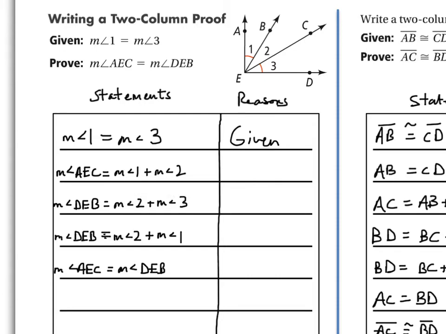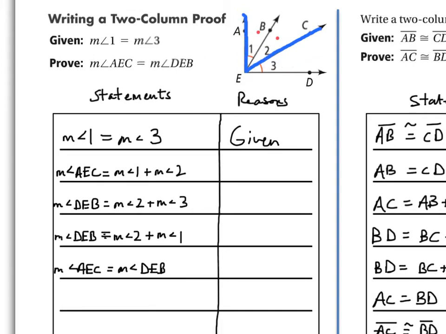I'm going to outline AEC for you: we go from A to E to C. What they're saying is that the measure of angle 1 plus the measure of angle 2 is equal to AEC. So as you look at this, we have part plus part equals whole.